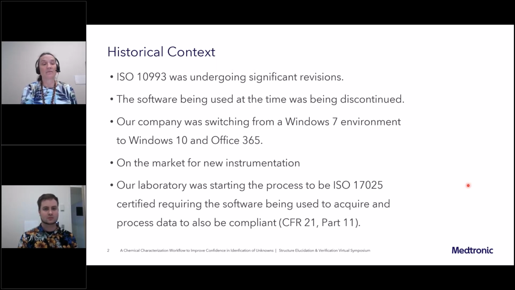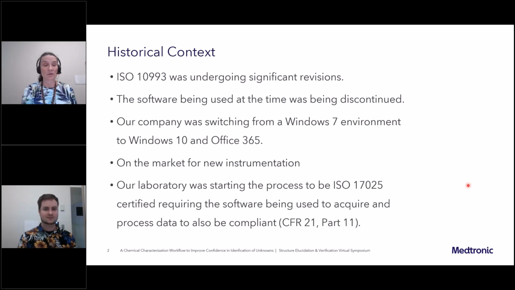Additionally, our vendor-provided software at the time was being discontinued. We had experienced significant issues with the software anytime there was a security update, and so that was very difficult to manage.